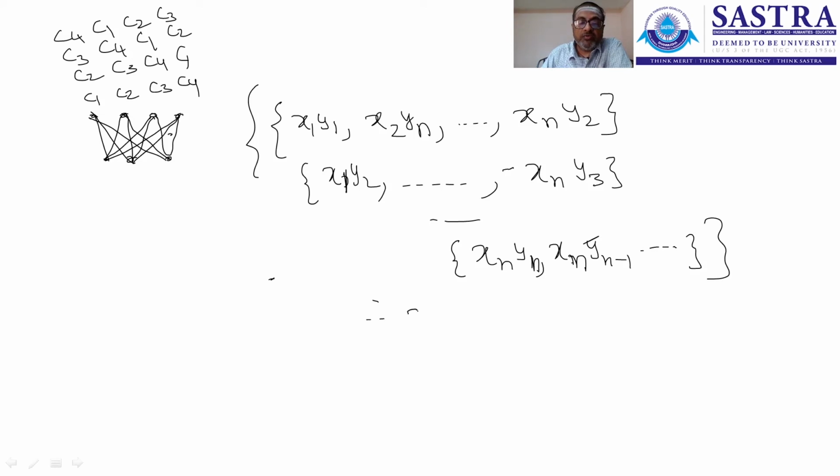So you can have chi dash of G is less than or equal to m, which is assumed to be the maximum of m comma n.